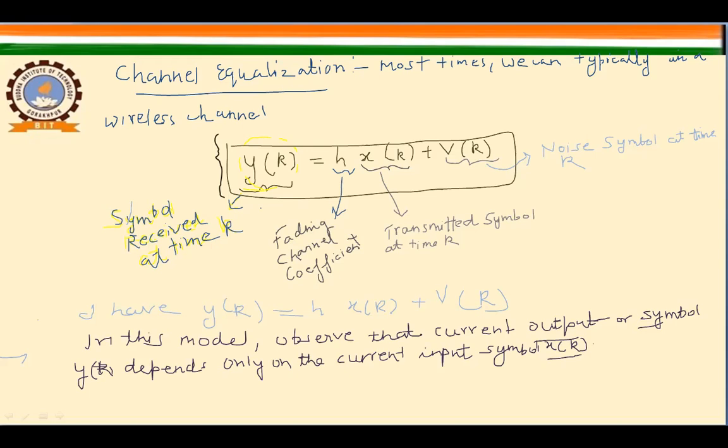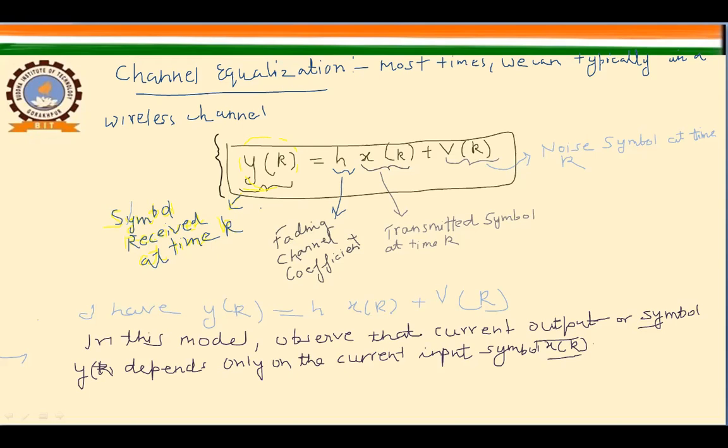So y of k equals h times x of k plus v of k.